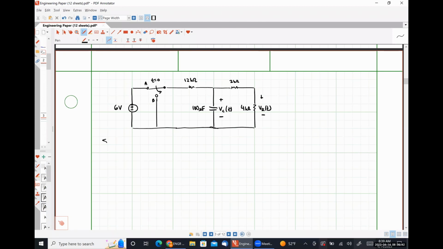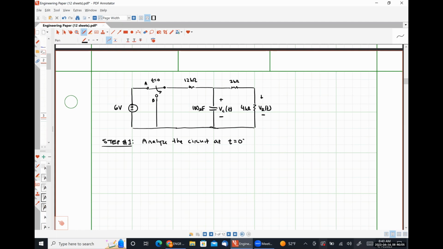So our first step will be to analyze the circuit at t equal to 0 minus.